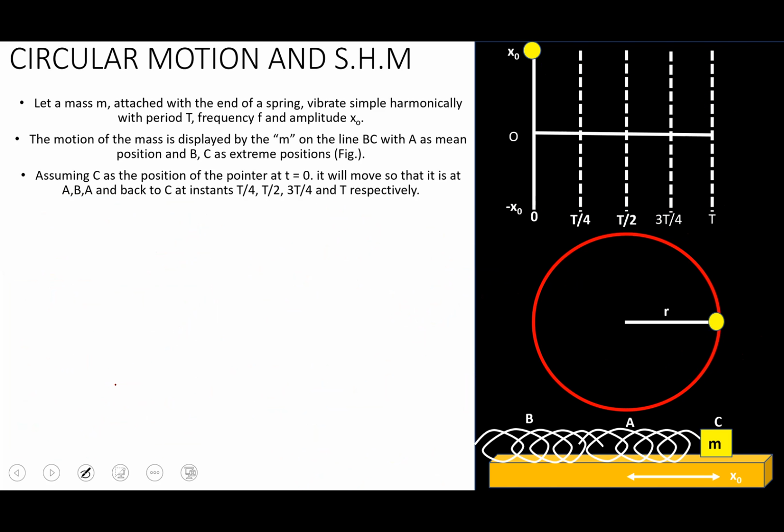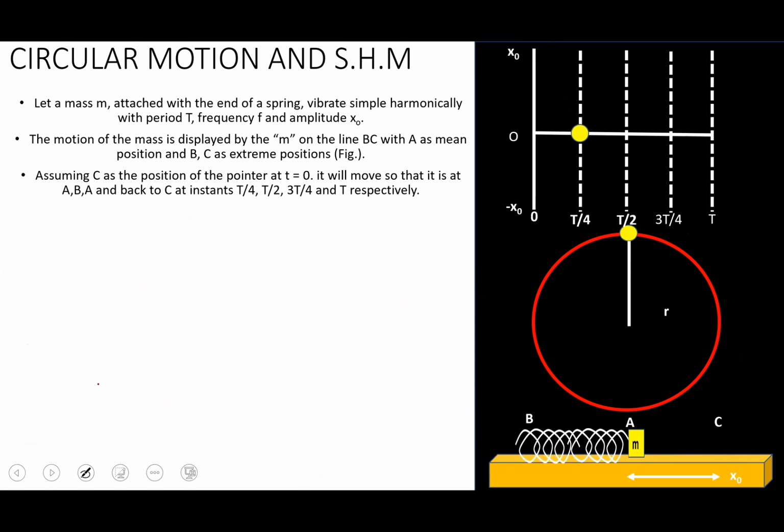Let us rub it off and move back to our situation in which the bodies have been synchronized. Both the bodies, over here as well as over here, are synchronized and they will move simultaneously like this.